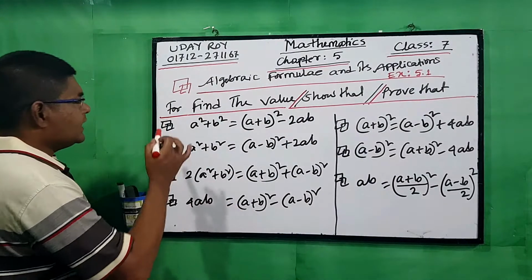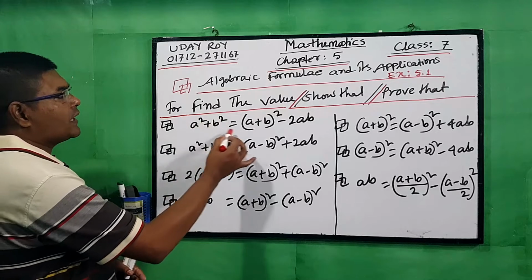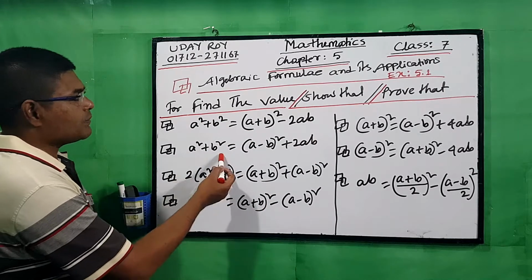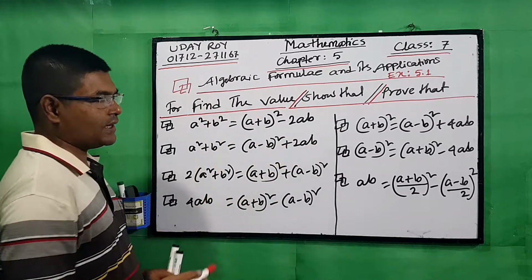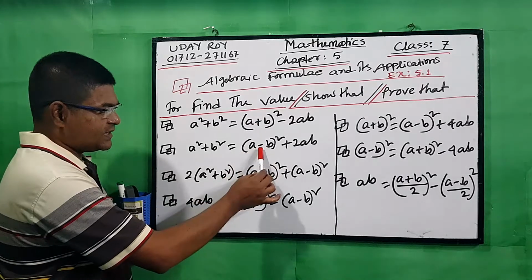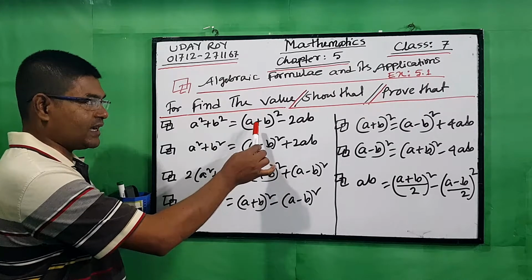So a square plus b square equals a plus b whole square minus twice ab, and a square plus b square equals a minus b whole square plus twice ab. You have to be careful. This part is always the given part. Be careful.